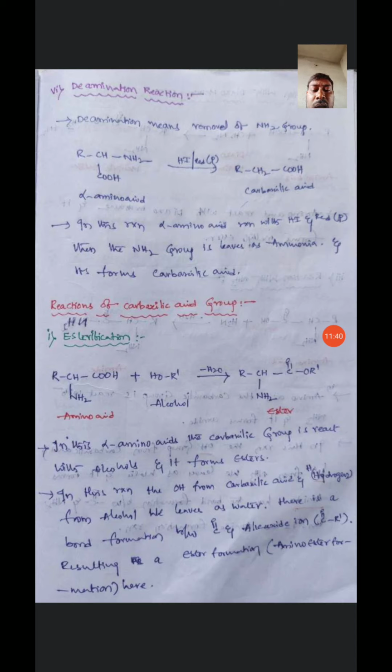So here the amino acid RCH NH2 COOH reacts with R-OH alcohols, with loss of a water molecule from the carboxylic group. In these alpha amino acids the carboxylic group reacts with alcohols and forms esters.